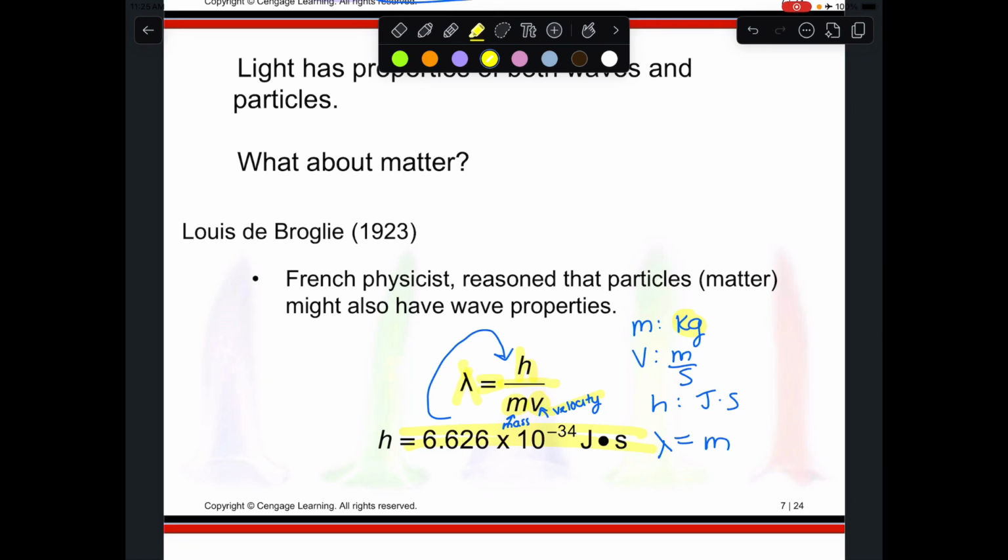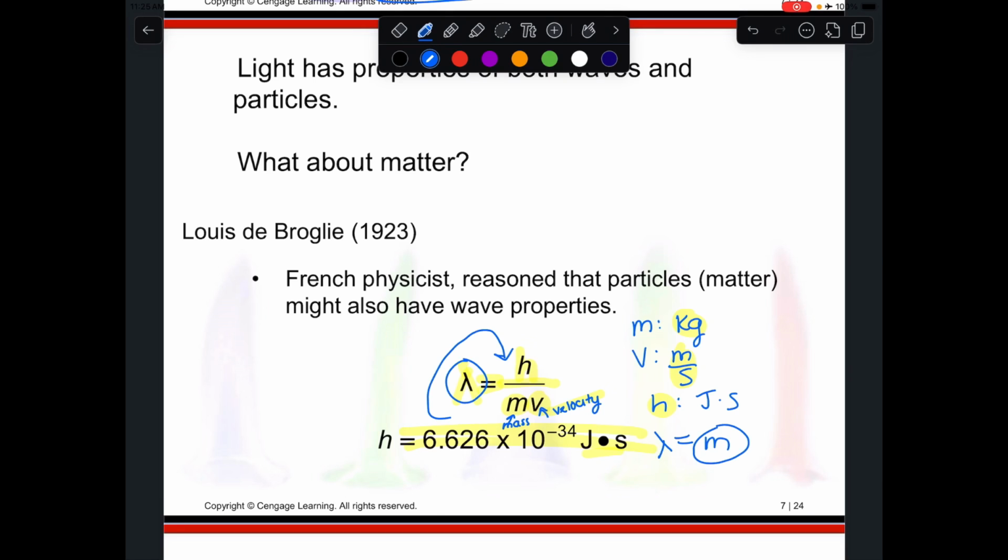Your mass has to be in kilograms, just like in the kinetic energy equation, and velocity has to be in meters per second. The h we know to be in joule seconds. With all these units coming together, when you convert, our wavelength ends up being in the required meters.